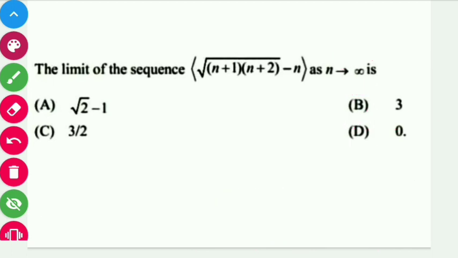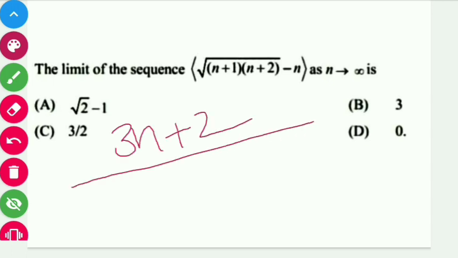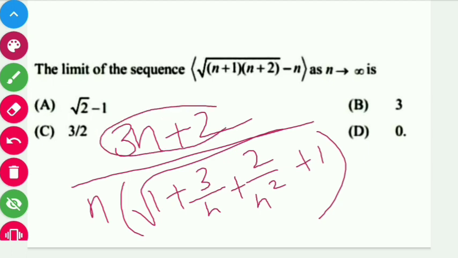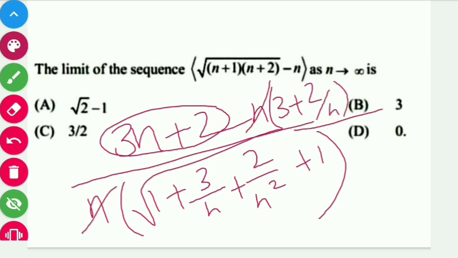We have 3n plus 2 divided by n times square root of 1 plus 3 by n plus 2 by n square plus 1, right? Now take n common from the numerator. So we get n into 3 plus 2 by n. Now cancel this n with this n and take limit as n tends to infinity.